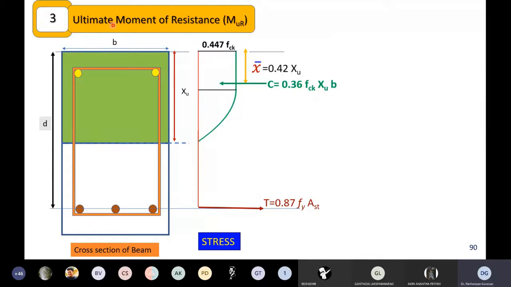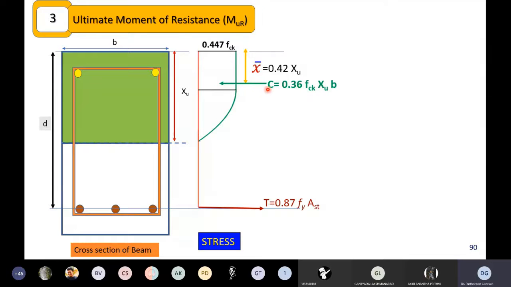Now, to find the ultimate moment of resistance, it is defined by M suffix UR. Remember, this is the resistance offered by the concrete, and this is the resistance offered by the steel, and both will form a couple or moment, called the resisting moment. Whatever moment is produced due to externally applied load will be resisted by this moment. That is why it is called moment of resistance.